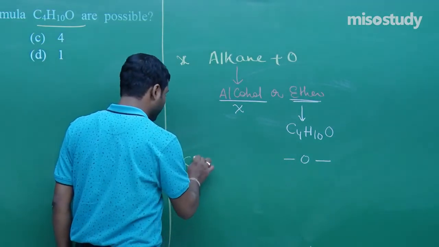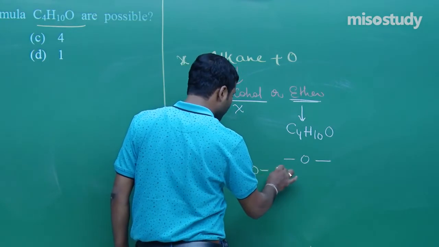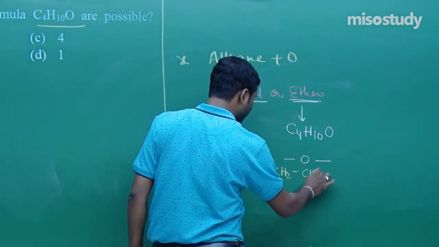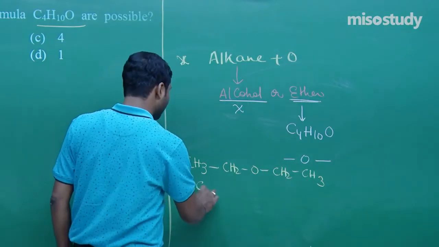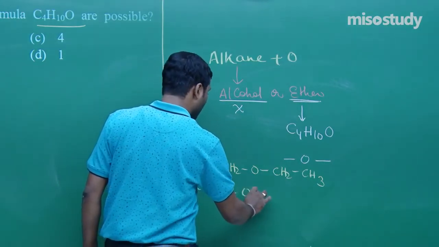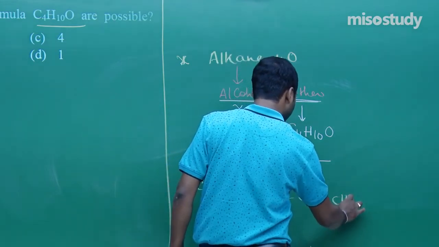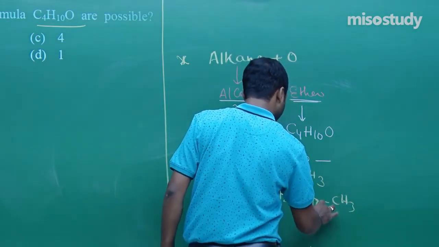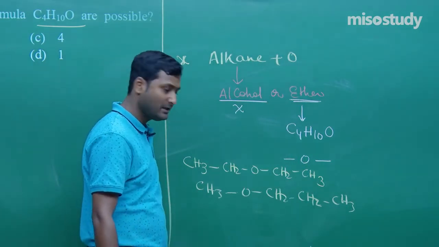If I put here CH3CH2OCH2CH3, this one is the first representation. Now the second one is CH3OCH2CH2CH3, this one is the second. Look at CH3OCH2CH2CH3. Clear?